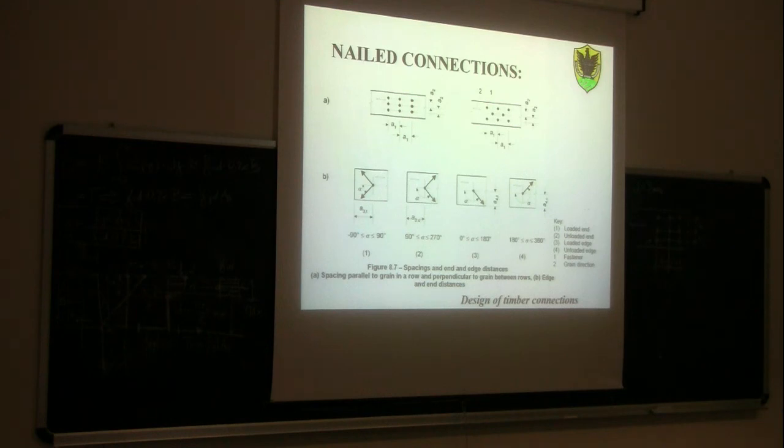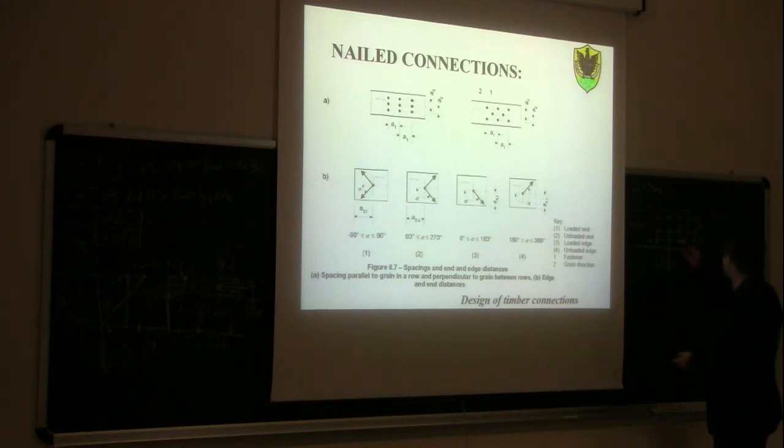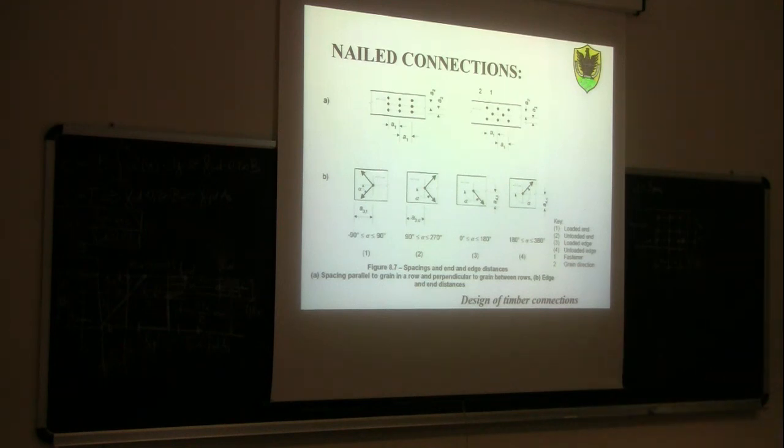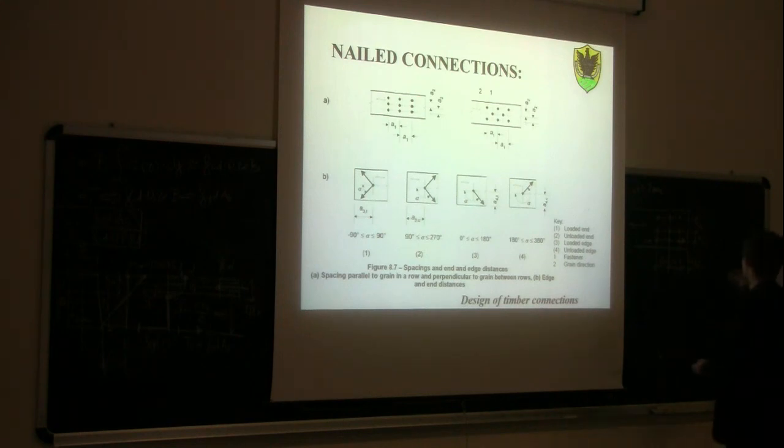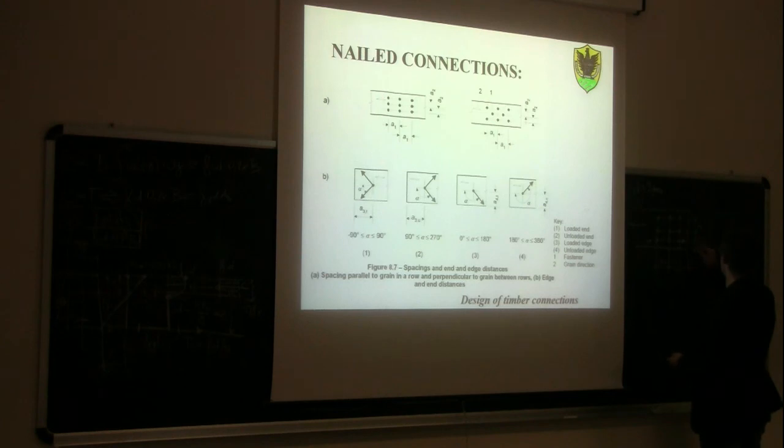And then, if you have, for example, a post like this, oriented in this direction, we have A3,t and A4,t. This one would be A4,t.